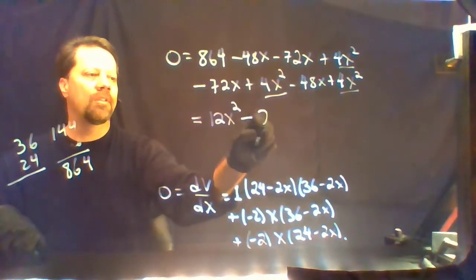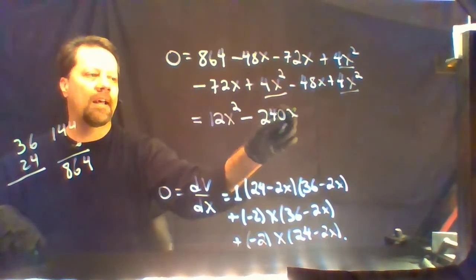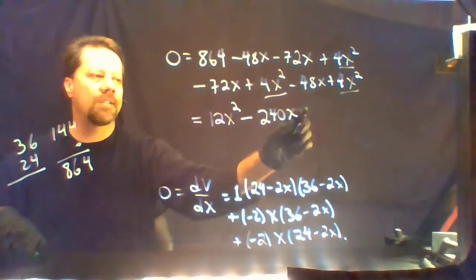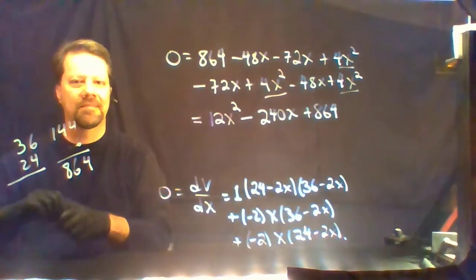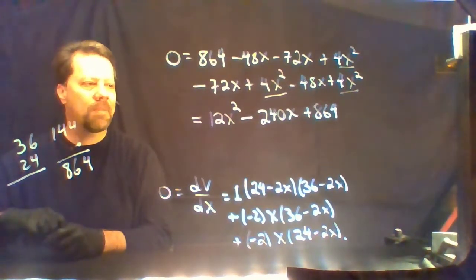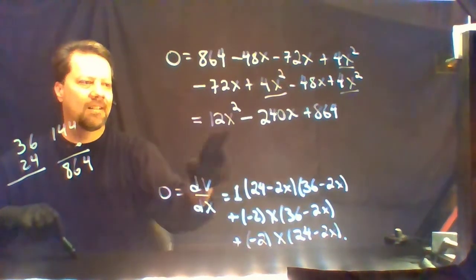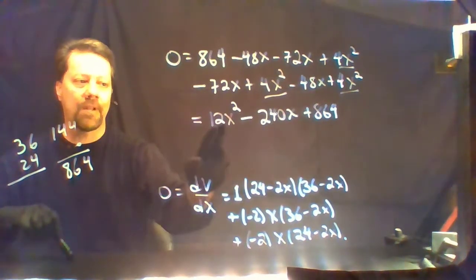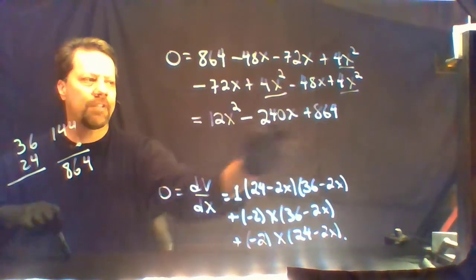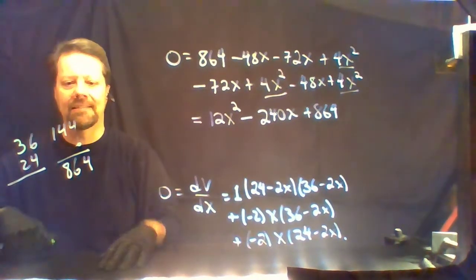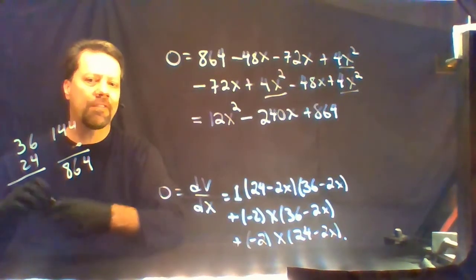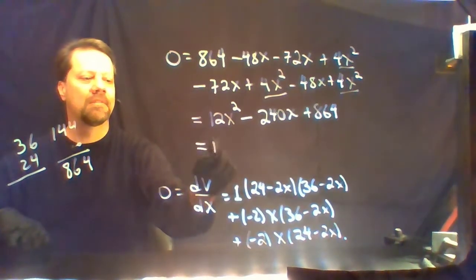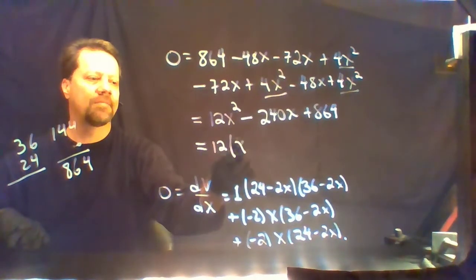That's minus 240x, and then plus the constant 864. What can be factored out? 12 goes into 240 and into this. Does 12 go into 864? Well, yeah. It was 12 squared times 6. So 12 can be factored out of this whole thing.